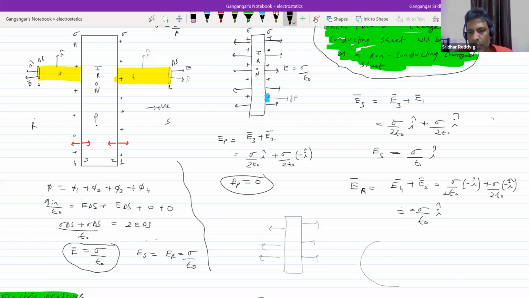If you take the sphere, it experiences a radially outward force due to electrostatics. Definitely it is under stress. Elastic forces will come and balance that electrostatic force. Same thing with the plate also. That stress inside conducting sheets and charged surfaces should be non-zero.